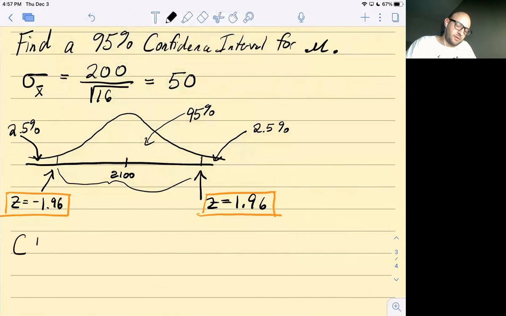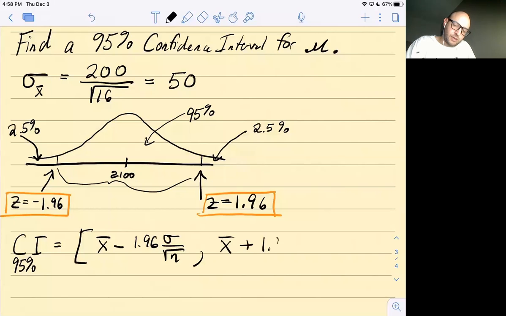I'm just going to write it here: the 95% confidence interval is equal to x bar minus 1.96 times sigma over root n, comma, x bar plus 1.96 times sigma over root n. So this range of values is our confidence interval.